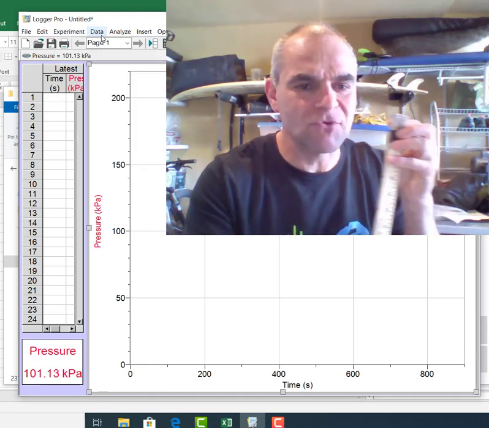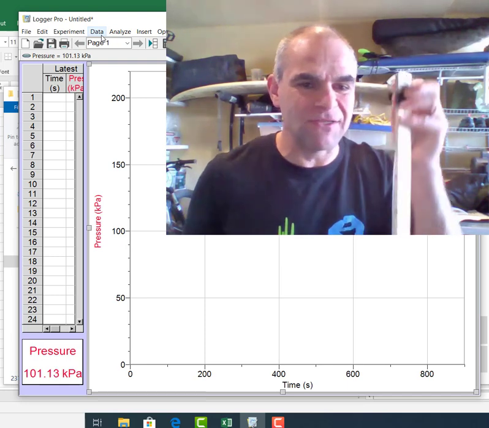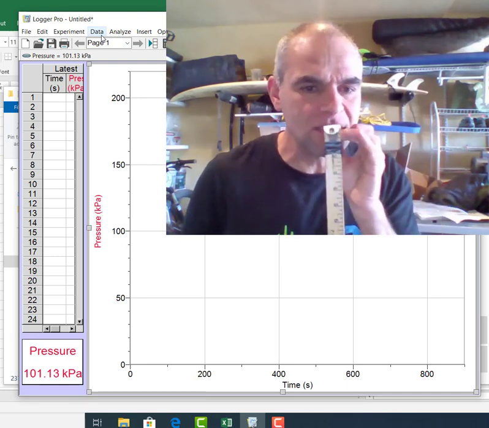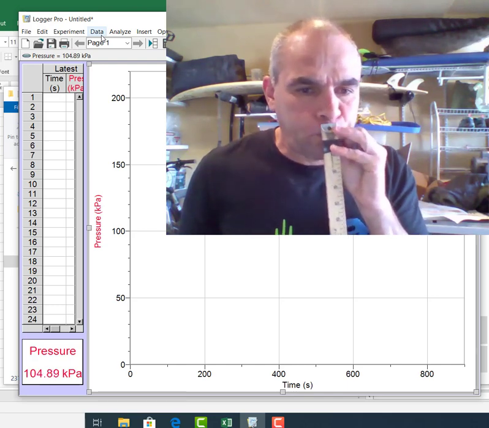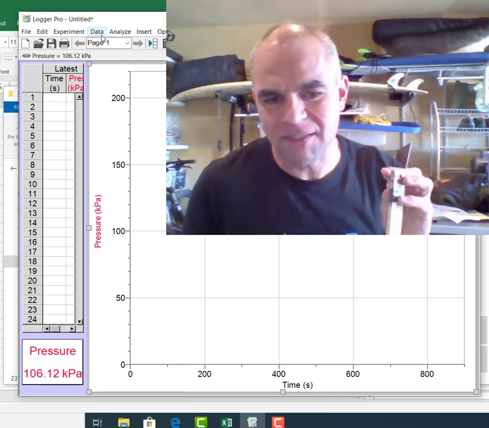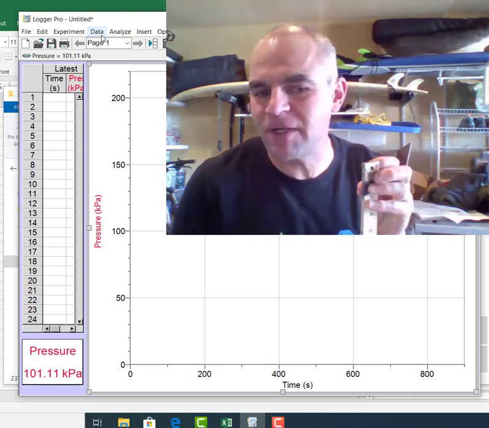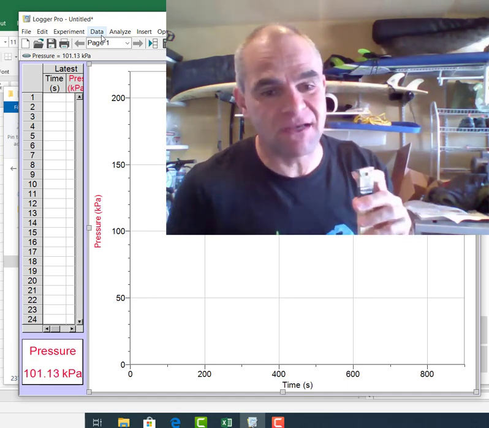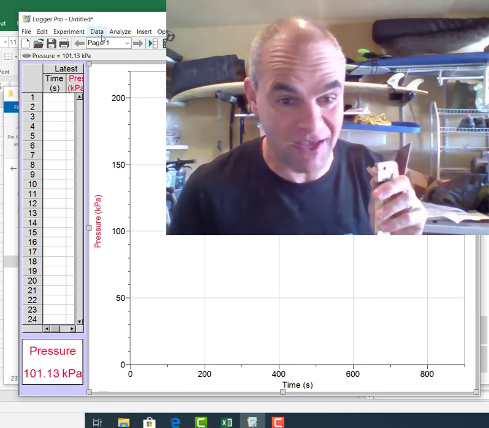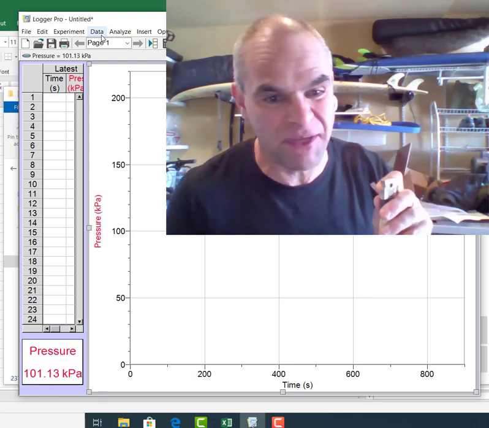What I'm going to do now is breathe. I'm going to force air into this. I'm going to blow out, and we'll see how much pressure I can get in here. I couldn't even quite get to 120 kilopascals. Now I'm going to suck like it's a straw, and let's see how low I can get the pressure. It will not become a vacuum. It'll be maybe 80 kilopascals if I'm lucky.